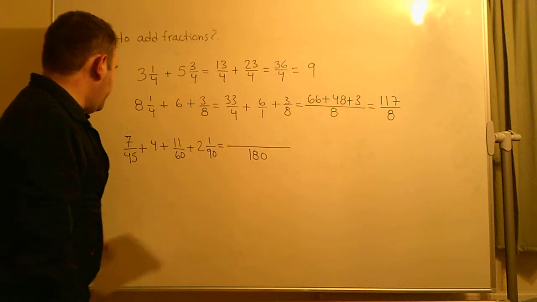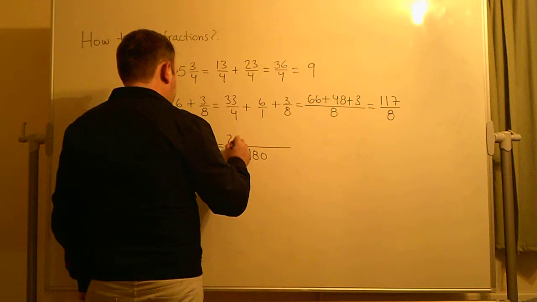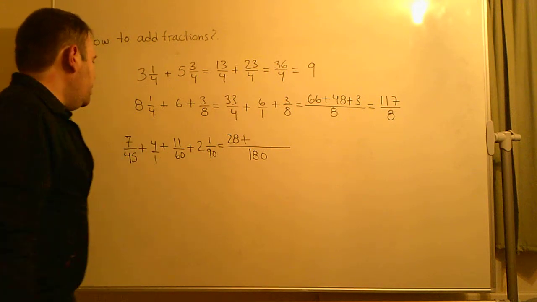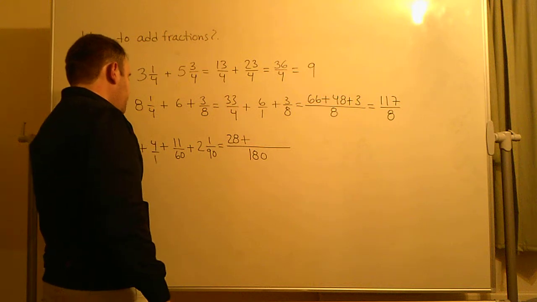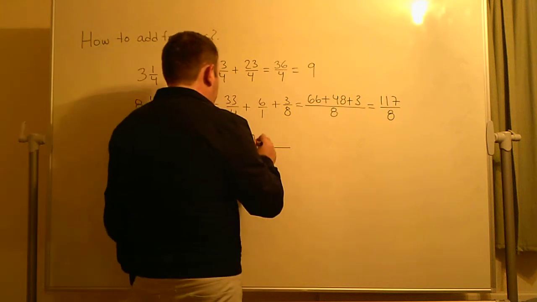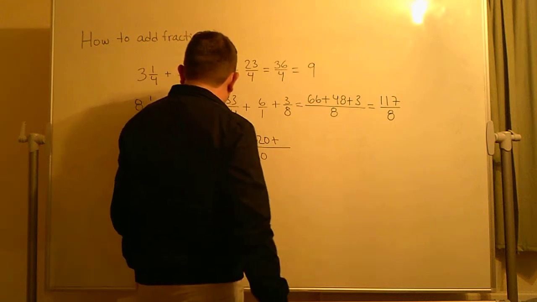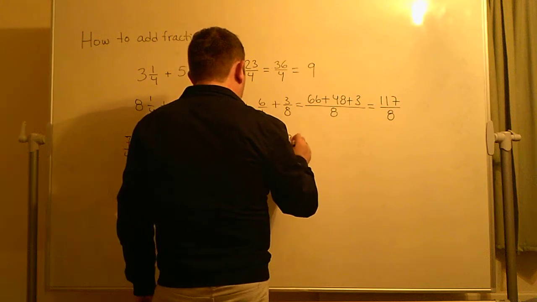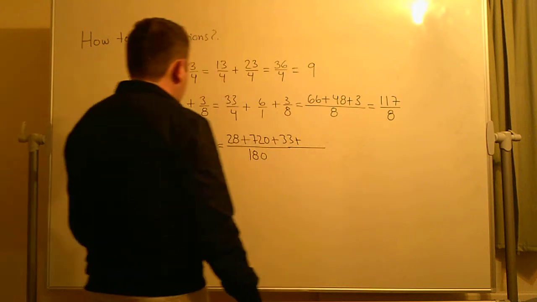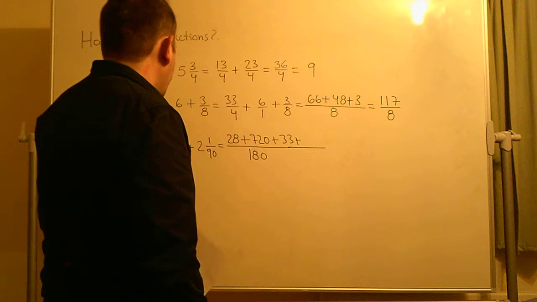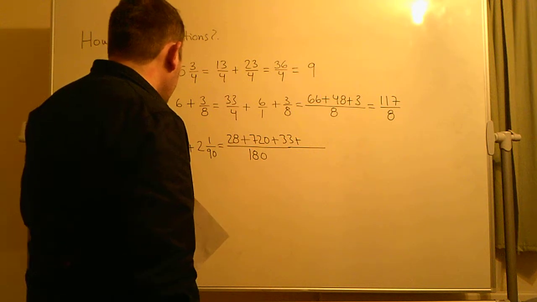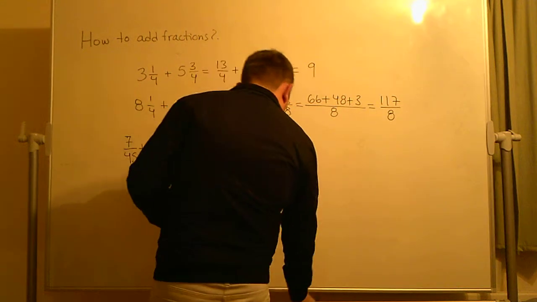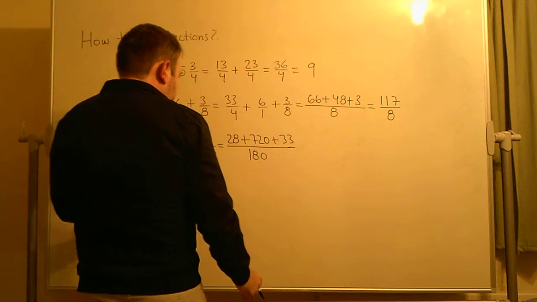180 divided by 45 is 4, times 7 is 28, plus 180 divided by 1 is 180, times 4 would be 720, and then 180 divided by 6 is 30 times 11 is 330, plus 180, oh well, actually, first I have to change this one.